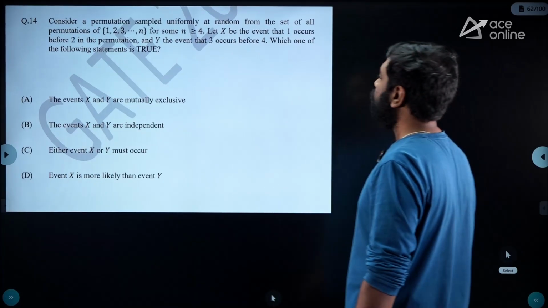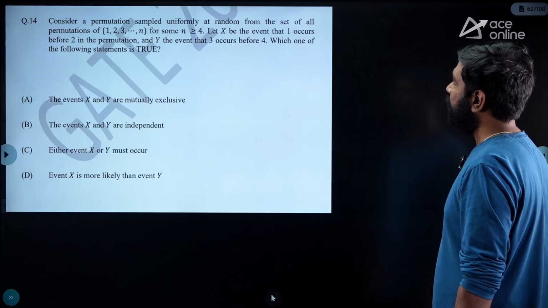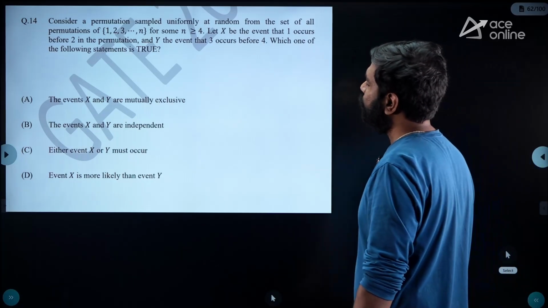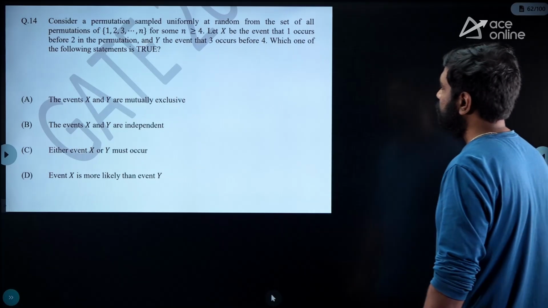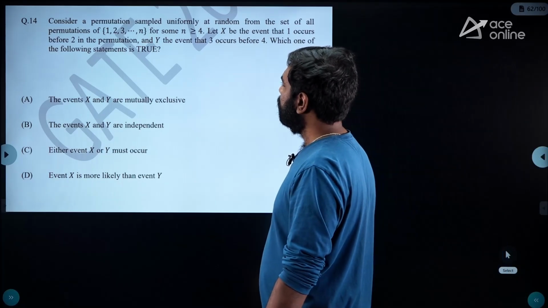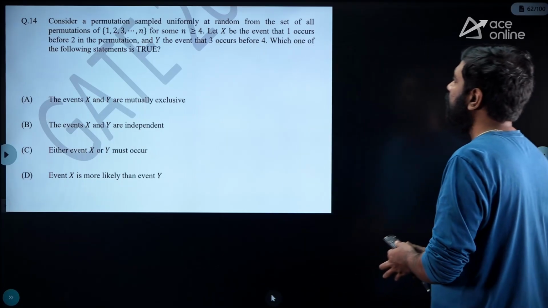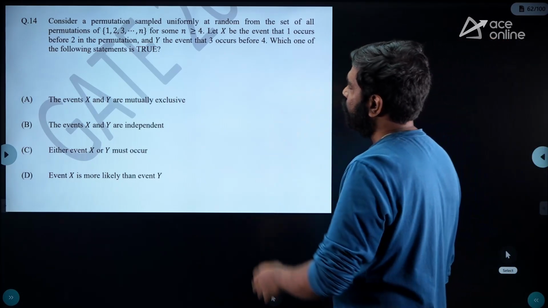So please go through this. Consider a permutation sampled uniformly at random from the set of all permutations of 1, 2, 3, 4 up to n for some n greater than or equal to 4. Let x be the event that 1 occurs before 2 in the permutation and y the event that 3 occurs before 4. Which one of the following statements is true?